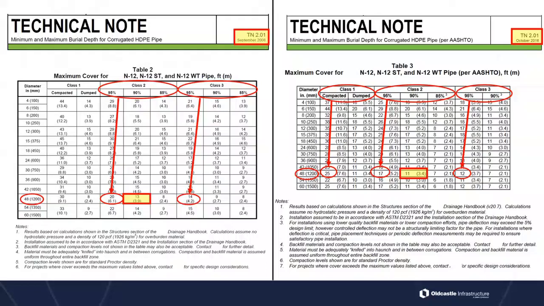And the other interesting thing is if we're looking at 12 feet of cover, in 2008, you might have said that a class 2 at 90% compaction will give us 13 feet of cover, and we're fine to use that. But the one in 2016 now says it only gets you 11 feet of cover, so you need to do a better installation there.